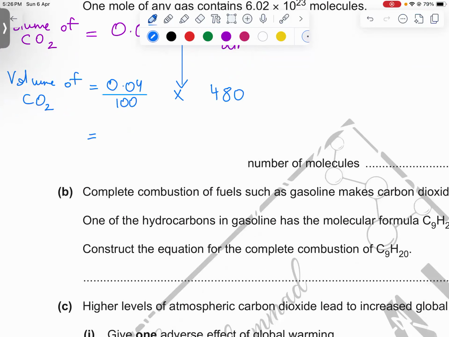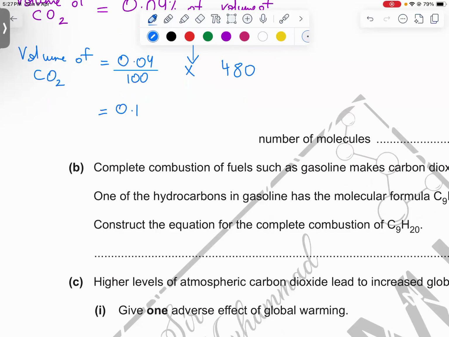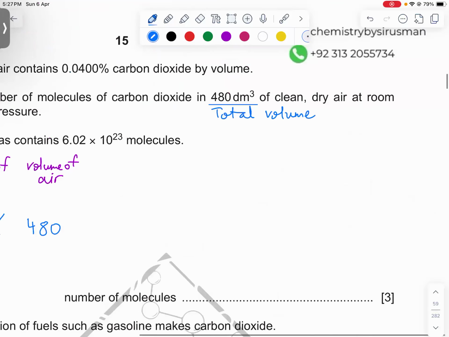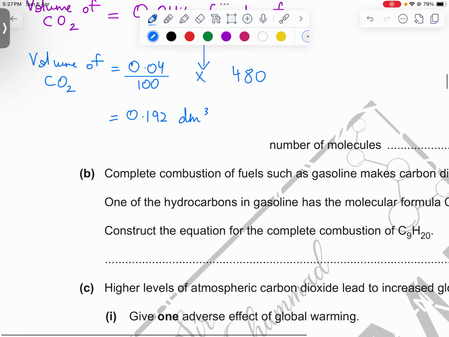So what will we get? 0.04 upon 100 multiplied by 480. It's 0.192. All right, so we get 0.192 dm³ of carbon dioxide, right?